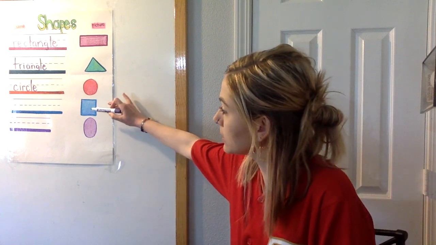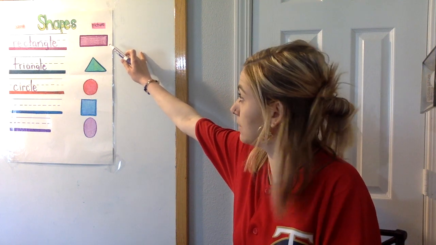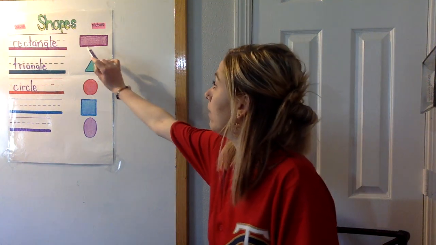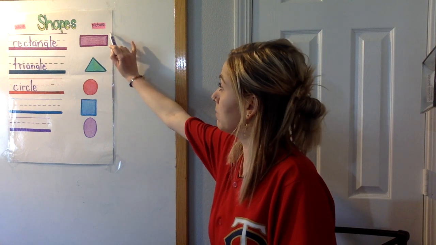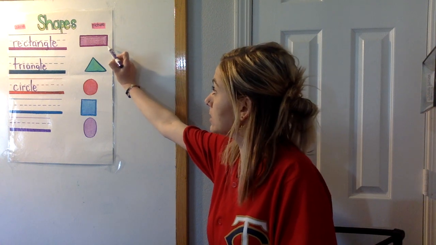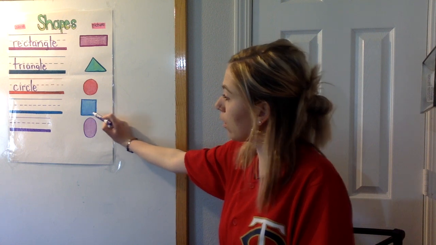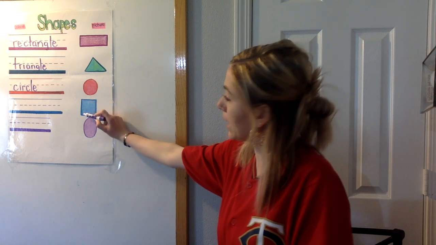Now, the main difference between a square and a rectangle is that in a rectangle, the length can be different around it. It means one side can be shorter and another side can be longer, whereas a square, all the lines around it are the same length.